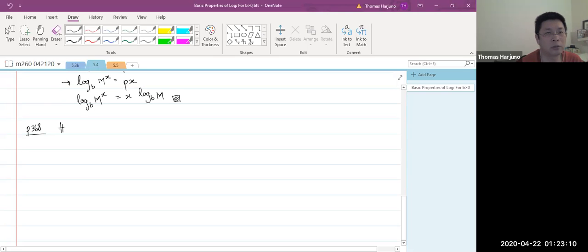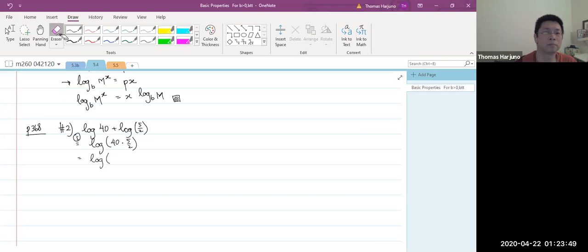For example, number 2. Log 40 plus log 5/2. What will that equal? Now, according to rule number 1, this is log of 40 times 5/2, which will be log what? I hope you don't use a calculator for that.